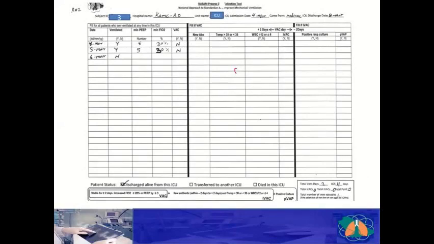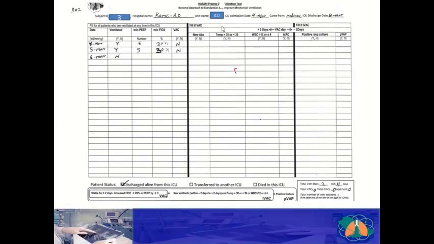For the third patient, this patient spent on the mechanical ventilator only 2 days. And again, this patient was admitted on the 4th of March and discharged on the 8th of March. So the patient had total ventilator days of 2, because we counted the number of yes.